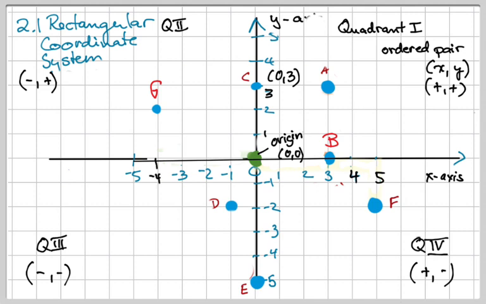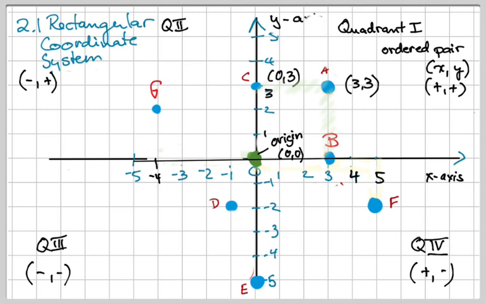So what are the coordinates for point A? We have an x value that is 3, and if we go across, we have a y value that is 3 as well. The x coordinate is 3, the y coordinate is 3.